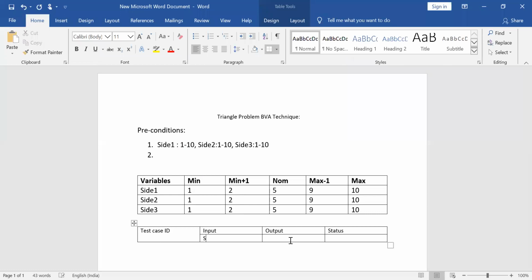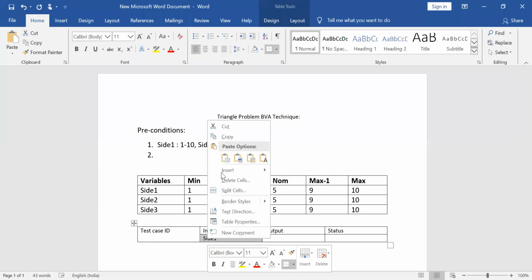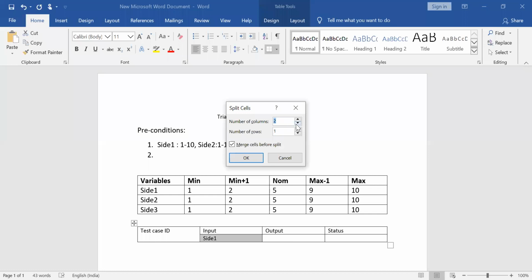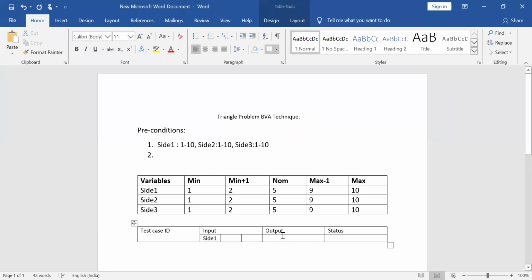Here we have input. This needs to be split into three particular columns: side 1, side 2, side 3.